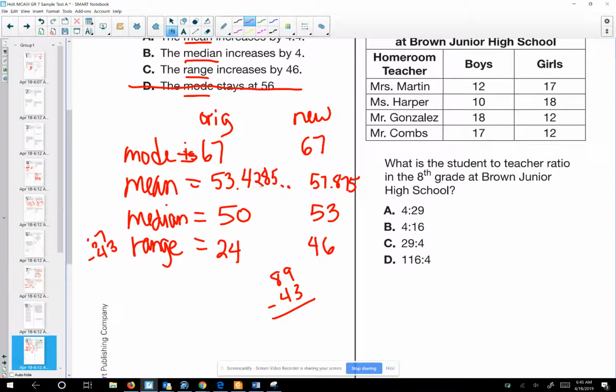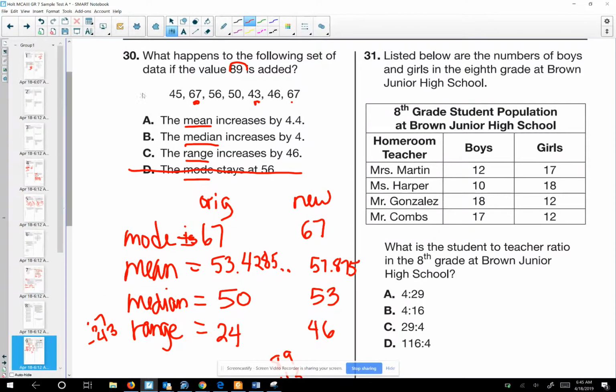Now let's look at your answer choices. See, this one question has a whole lot of work in it. The mean increases by 4.4. That would be 57 point. That looks pretty good, but I'm going to check the other ones for sure. The median increases by 4. Nope, it increased by 3.